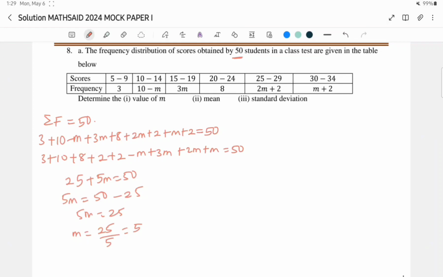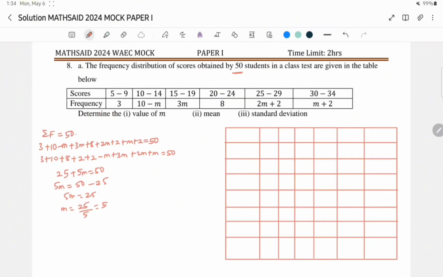For us to calculate the mean, we need to get the midpoint of the scores. So I'm going to draw a table so that we can compute the values. The first column is for scores, then we put the midpoint, which is usually represented by X, then the frequency, then the product of the frequency and each of the midpoints.